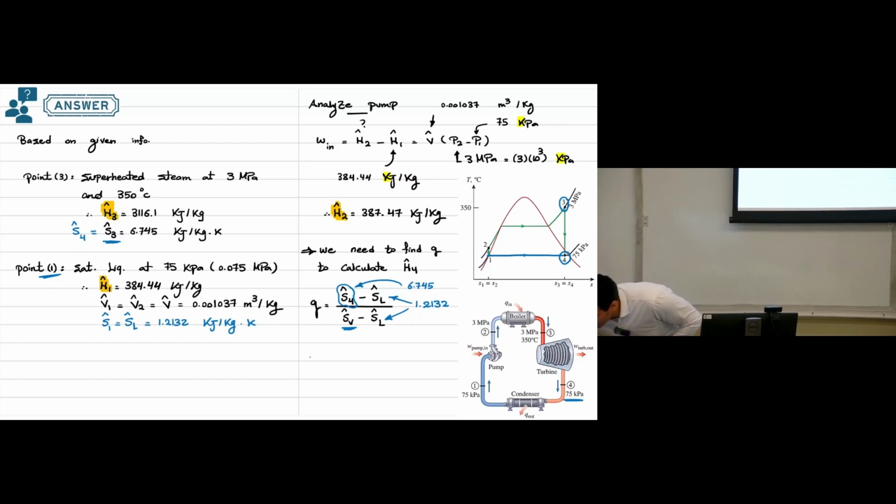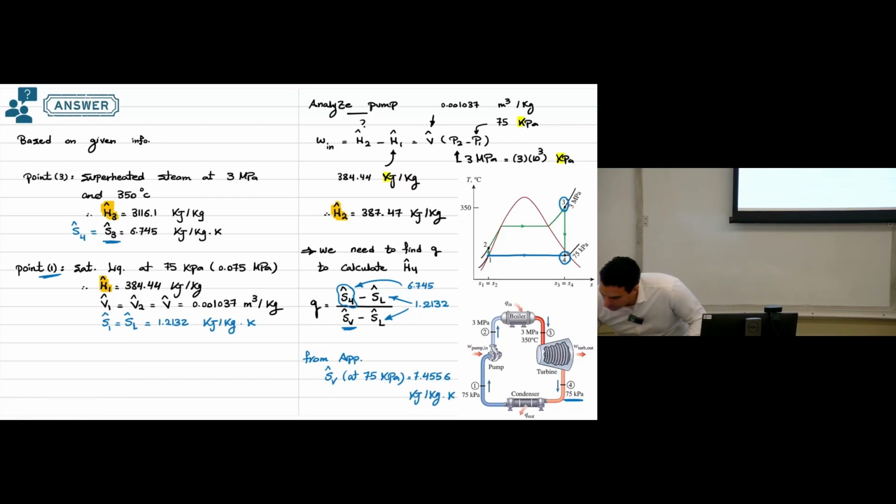So you need to go to the appendix and find specific entropy for saturated vapor at this pressure, 75 kilopascal, and if you find it, this will be 7.4556 kilojoule per kilogram Kelvin.